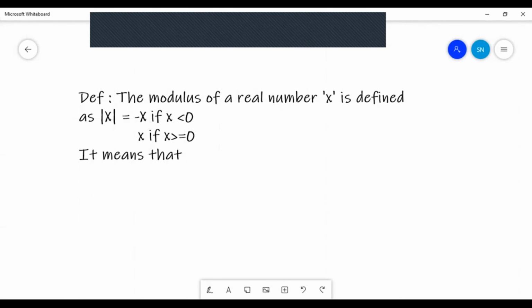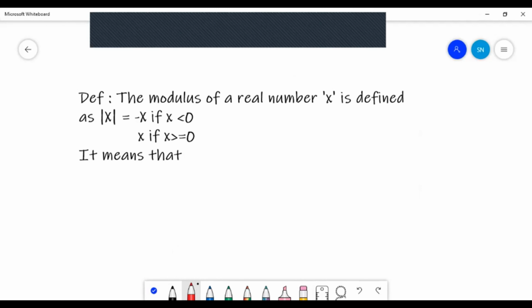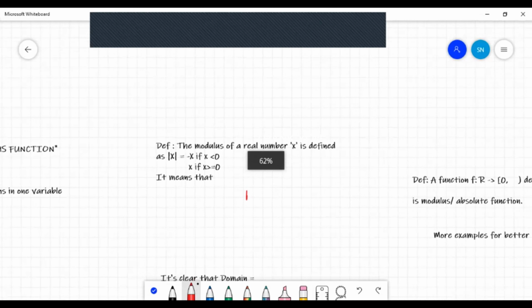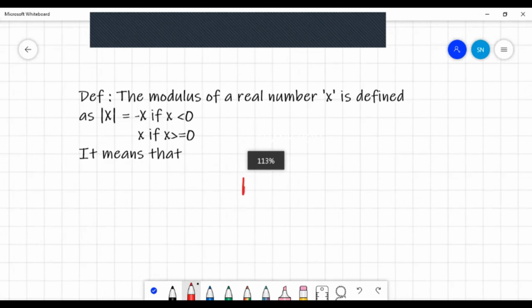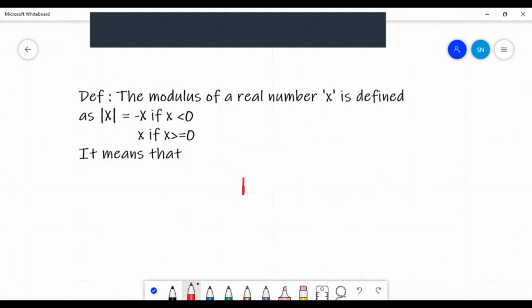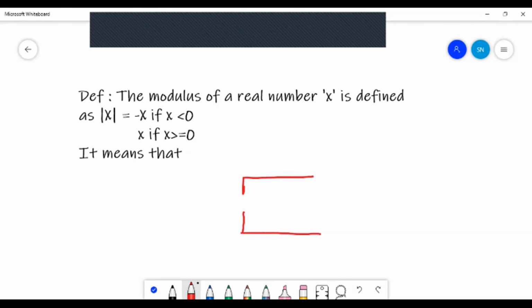Let us see what it means. Suppose there is a machine. I name it the absolute value machine. The absolute value machine appears like this.